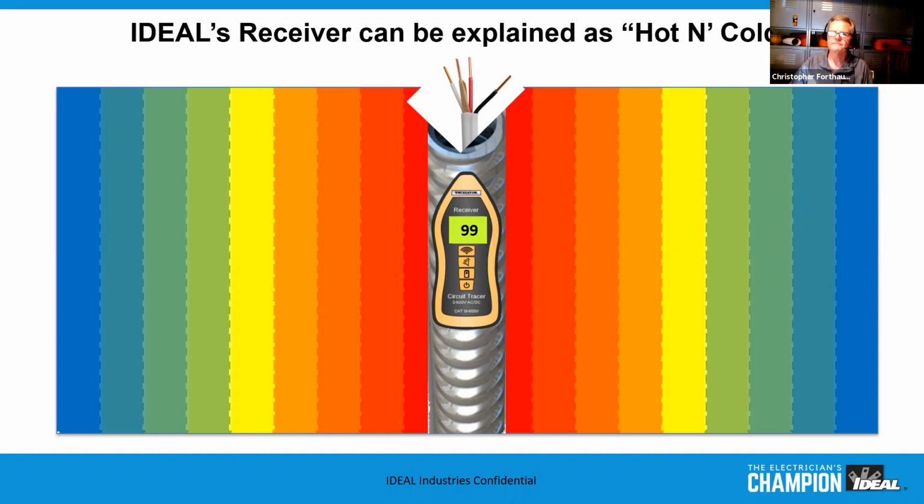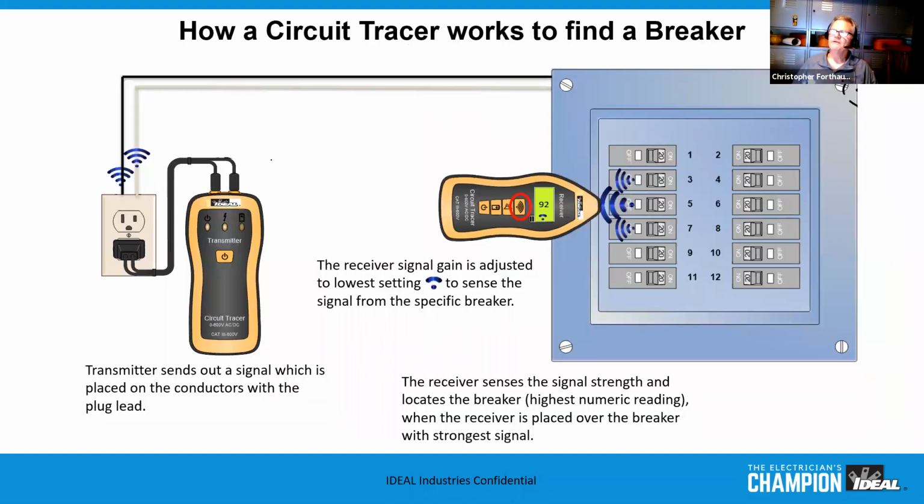In this particular case, what we've got depicted here is how a circuit tracer works to find the breaker. In this example, we take the adapter kit that comes with it and plug that into the transmitter. It again sends out that signal, and then you have the receiver in your pocket. Let's say in this particular case, you're up on the 2nd floor and you've plugged your transmitter in, and it's a commercial building. Most of your breaker panels are down in the basement, right?